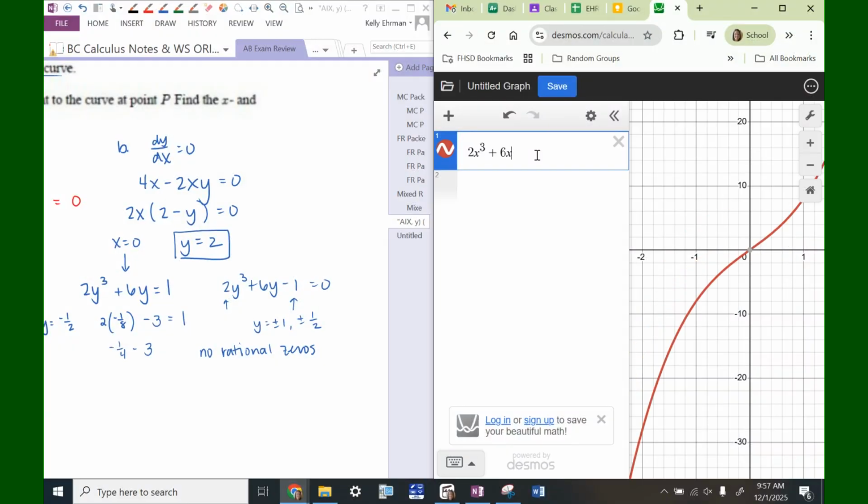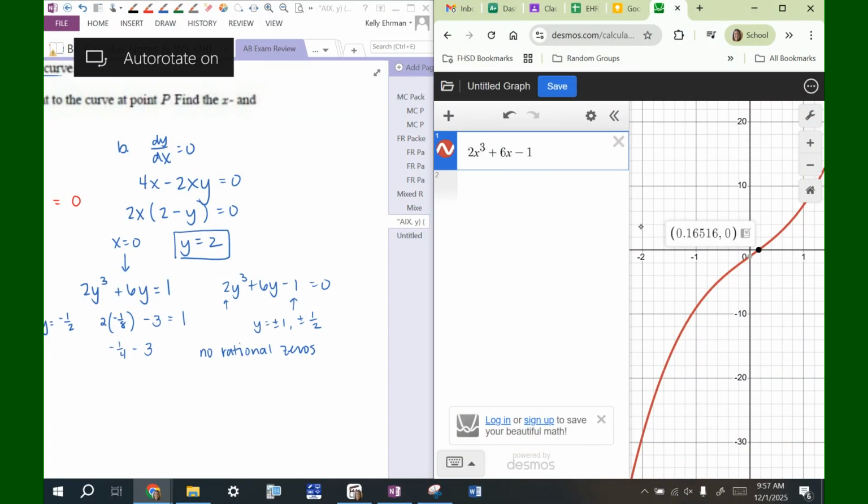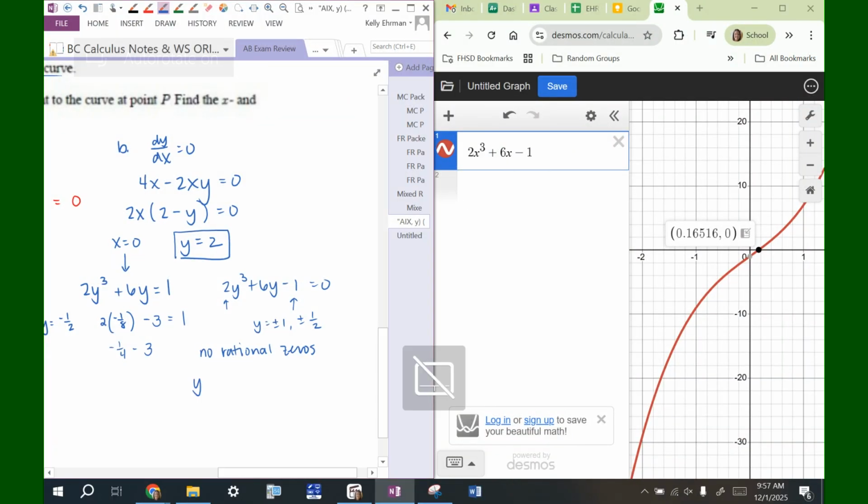You can either say when is that equal to 1 or when is that equal to 0. Yeah, so that's definitely not a rational number. Okay, so y is equal to 0.165. We can round that to 3 places. That would be our other horizontal tangent.